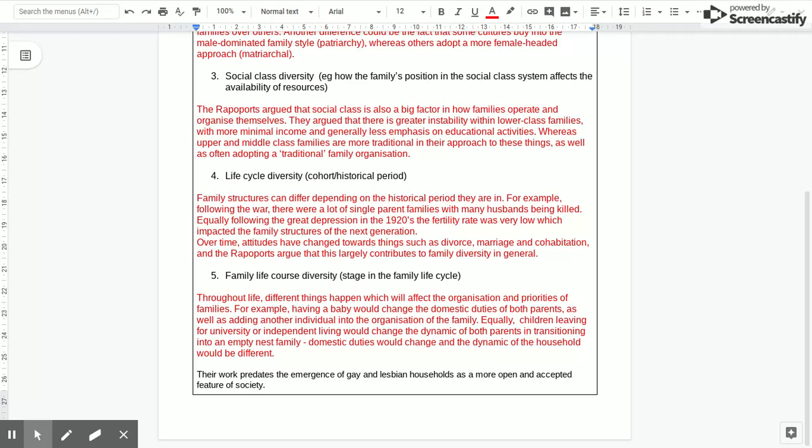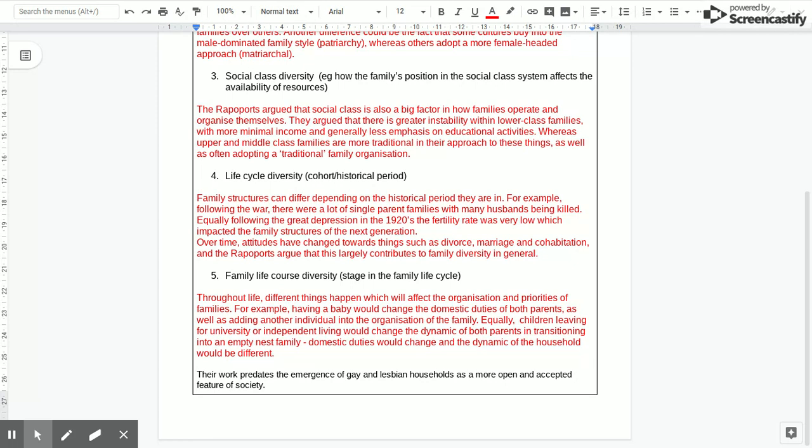Okay, and the fertility rate went down. So naturally, that meant that there were less children. Okay, so more sort of single parent, sort of non-parent families, I should say, what we'd probably call empty nest or just sort of cohabiting families. Or childless families, and they basically just didn't have children around as much. So basically, attitudes change, okay, depending on what historical period you are in.